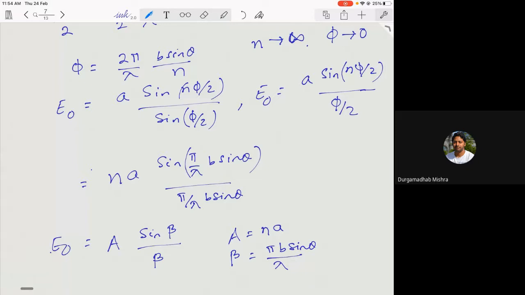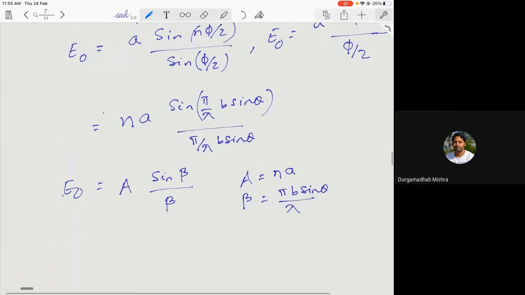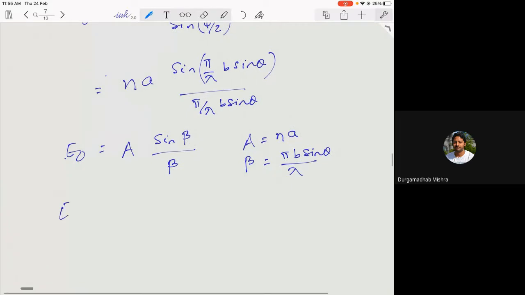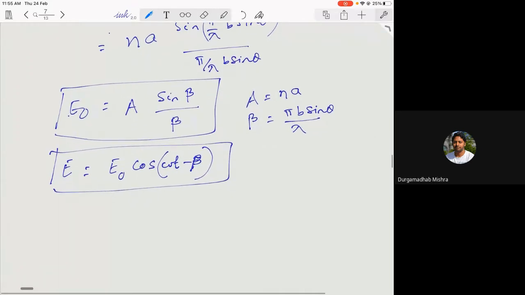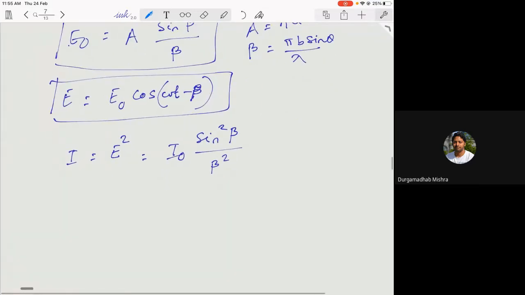Now what is the intensity? The electric field is E naught cosine omega t minus beta, where instead of phi we write beta, and E naught is defined by this. The intensity will be proportional to E squared, which is nothing but I naught sine squared beta by beta squared.